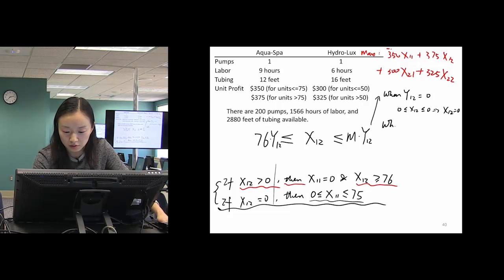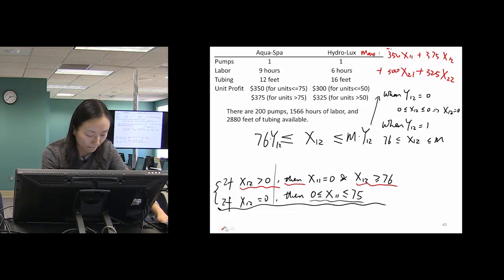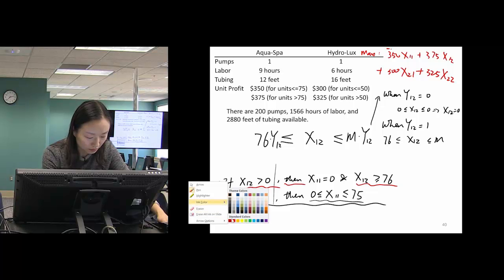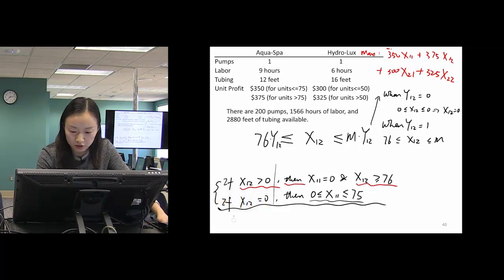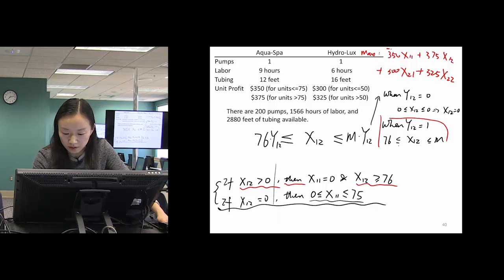And when y12 is 1, what we get is x12 is greater than or equal to 76, less than or equal to this big M here. So this part is what we wanted for here.